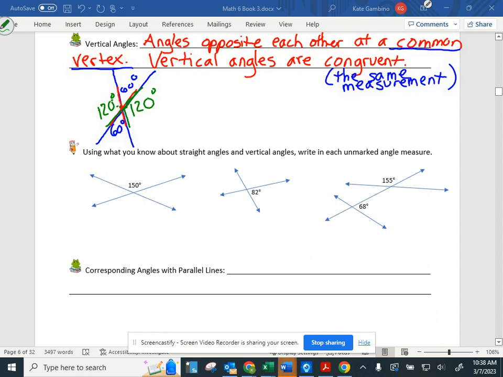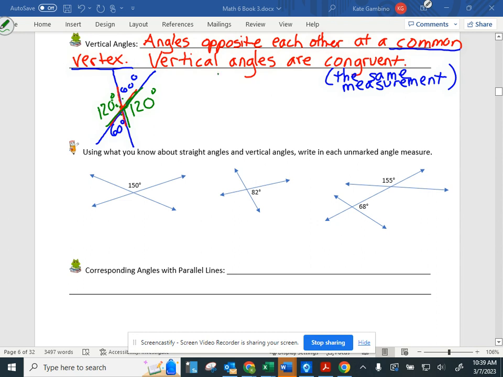They are the same. 60 and 60, 120 and 120. Does that make sense? So when you have that X, the top and the bottom are the same measurement, the two sides are the same measurement, and because it's that straight line making your X, they're supplementary. So you can add up the two measurements that aren't the same, that aren't congruent, and it should equal 180 degrees.